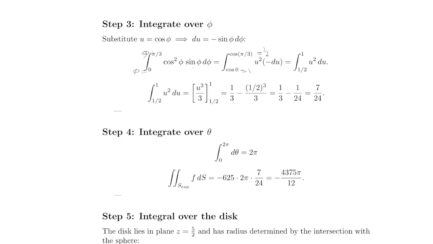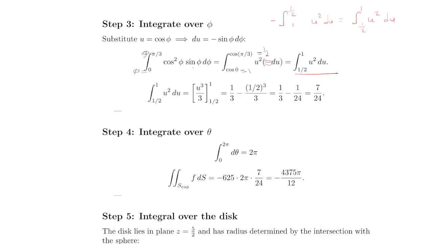But recall that we have a negative out here. And what we're going to do is change the order of the limits. So right now we basically have negative integral from 1 to 1/2 of u squared du. We're going to change the limits, so we're going to have another negative, so it means now we have a positive integral from 1/2 to 1 of u squared du.